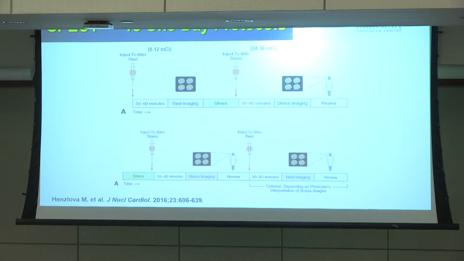However, the nice thing about this protocol, and we adopt this one here, is that if your stress images are normal, especially in a non-obese or not morbidly obese patient, then you can stop there and there's no need to expose the patient to another 3 times the dose. That cuts down your radiation exposure a lot. From a radiation perspective, it is much lower.